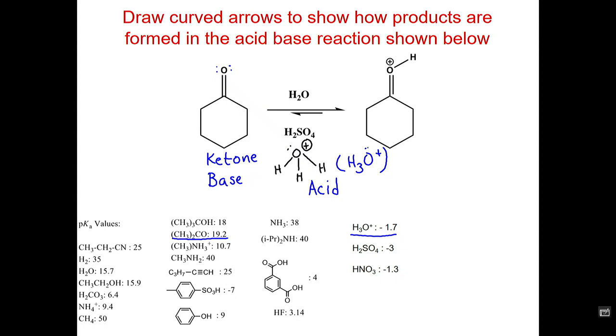Once you have determined that, you're going to draw the arrows. Arrows always move from the basic site. The lone pair shows the movement of electrons, grabs the proton, and the electrons move towards the oxygen to give you water.